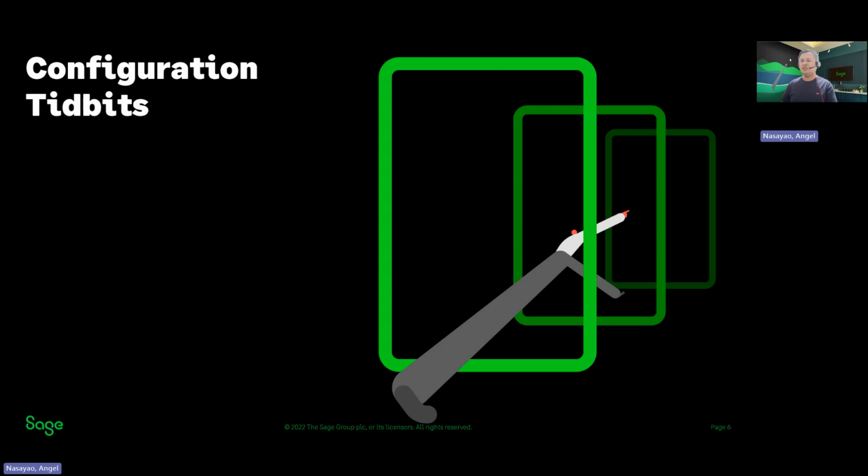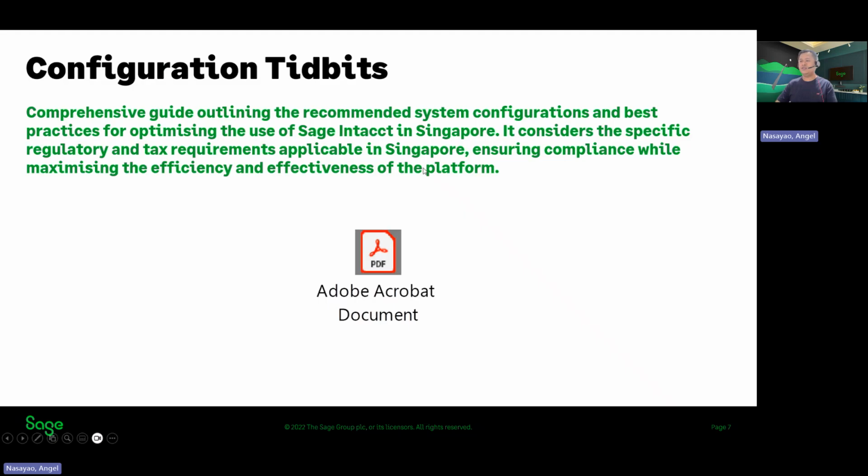All right, so with the configuration tidbits, as you can see here, there is a PDF file that you can make use of. It's a comprehensive guide outlining the recommended system configuration and best practices for optimizing the use of Sage Intacct in Singapore.